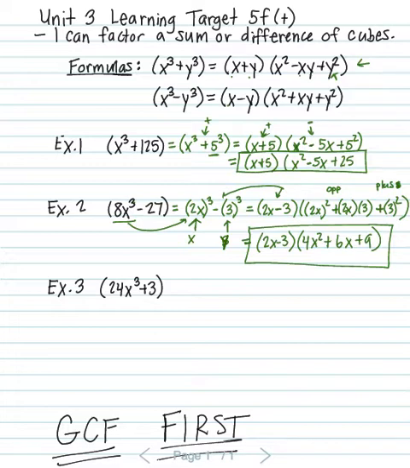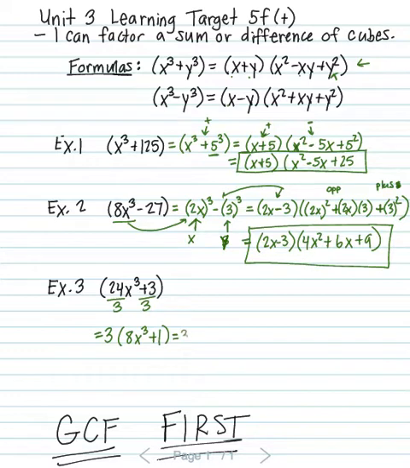Last example. Again, we always look for our greatest common factor first. I'm seeing that a 3 could be taken out of both of those things. So 3 comes out, 24 divided by 3 is 8, x to the third. 3 divided by 3 is 1.